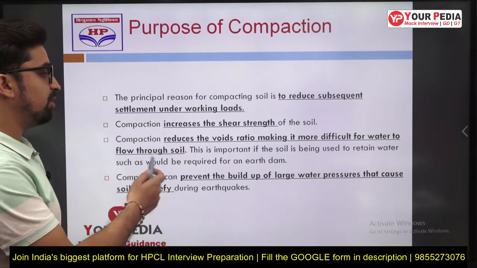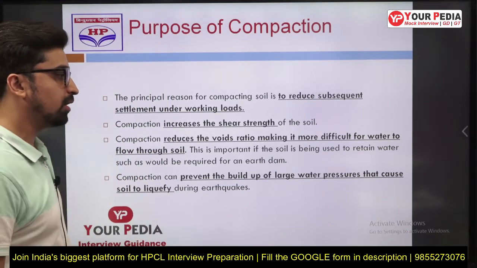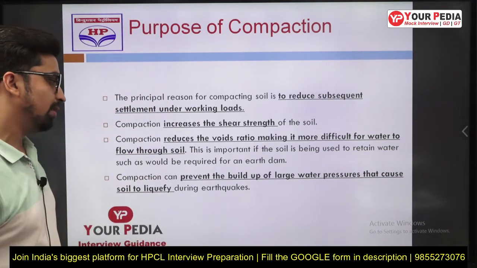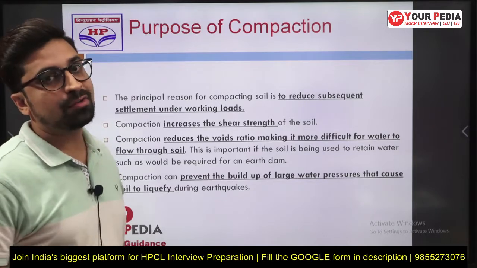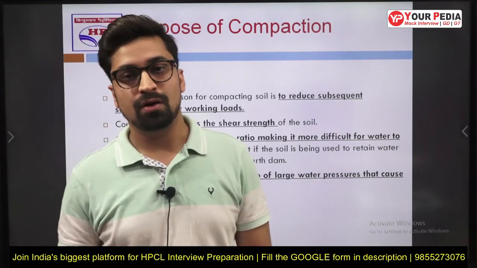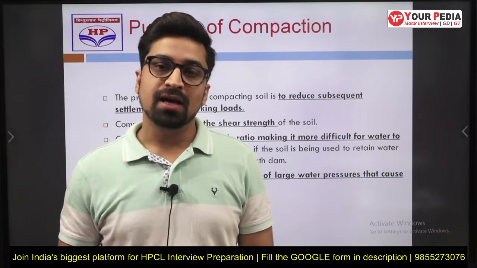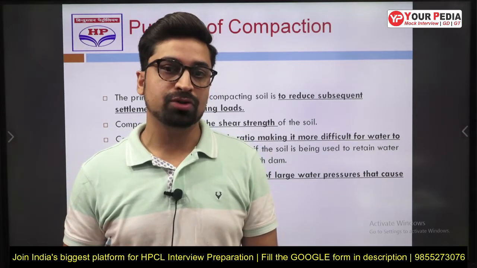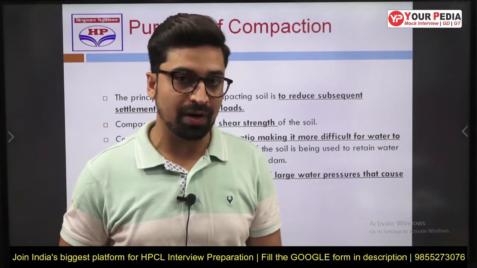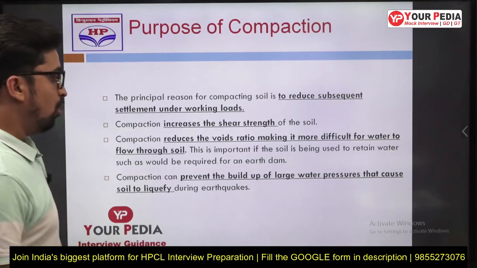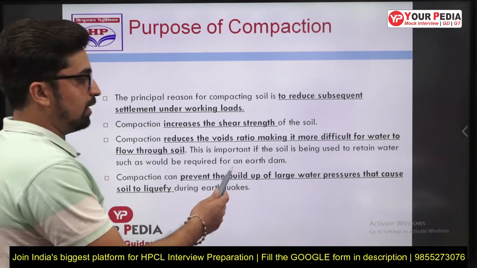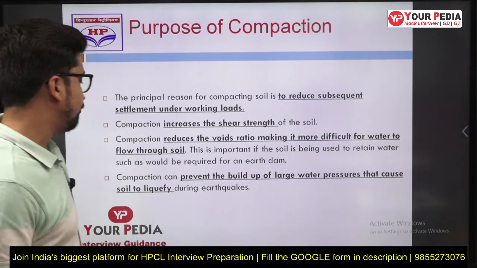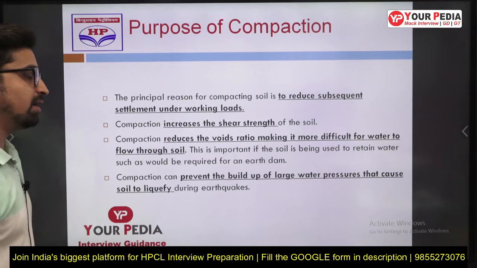Also, compaction reduces the void ratio, making it more difficult for water to flow through the soil. When the void ratio is reduced, the water which percolates through the soil will be reduced because the pores or the space between them is reduced. This is important if the soil is being used to retain water, such as would be required for an earthen dam.